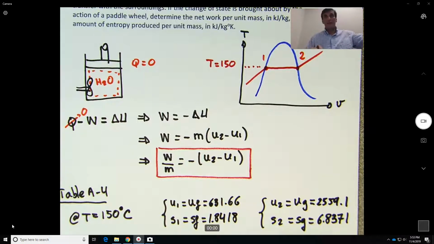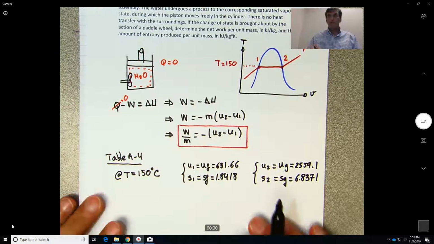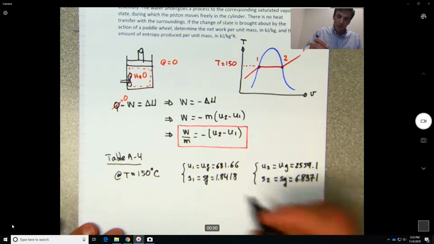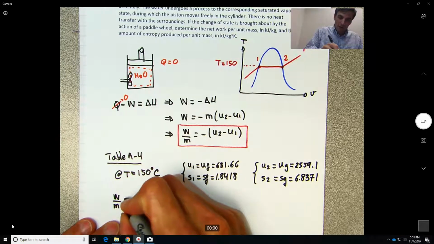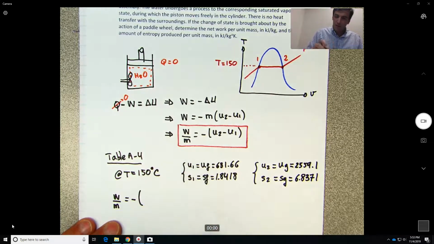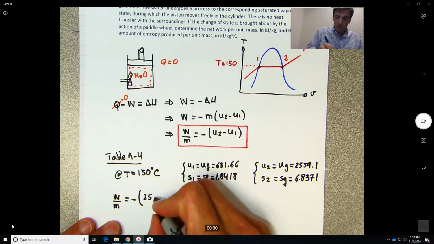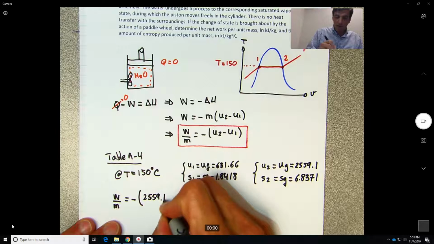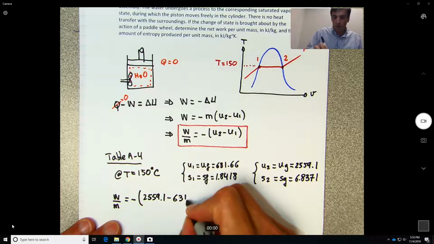So basically, let me zoom out a little bit. So if we do the numerical substitution over here, we get that W over m will be equal to negative (U2, which is 2559.1, minus 631.66).